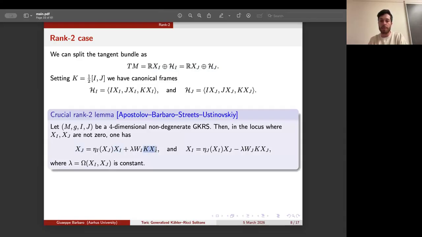And this is what I was trying to say before, that when you go down on your moment map in R2, the two directions that count are the ones generated by I of xi and J of xi, because this other one will be on the torus itself, related with xj.